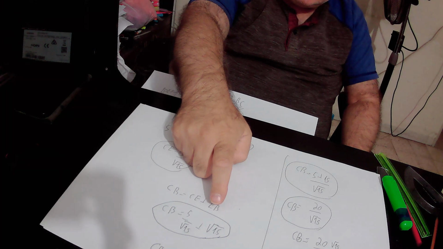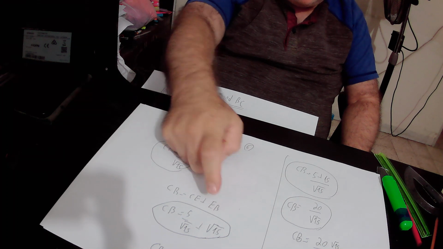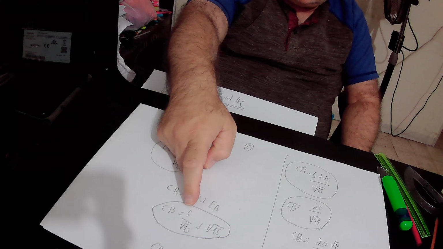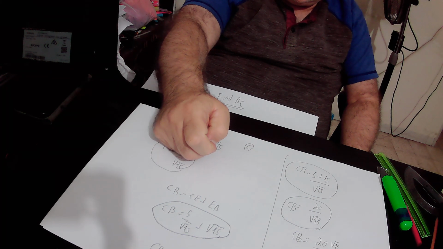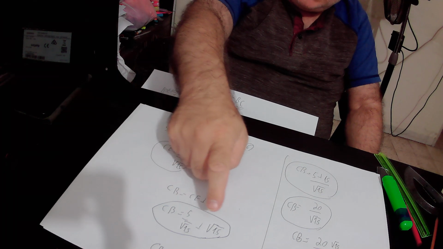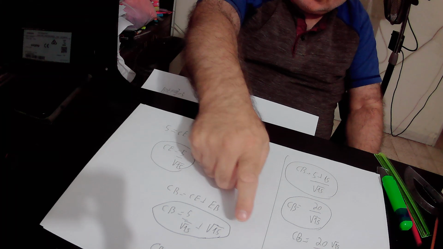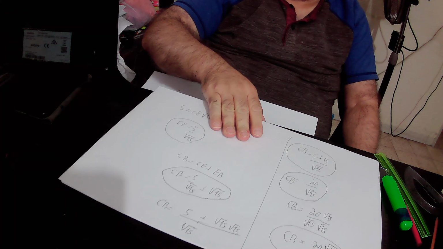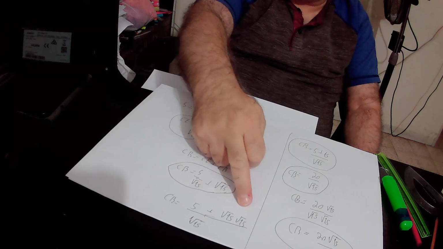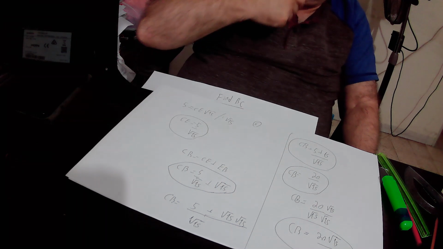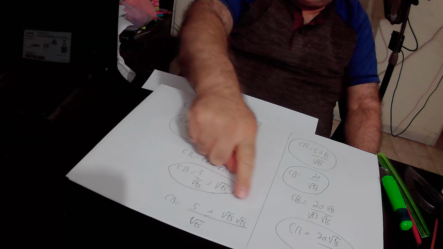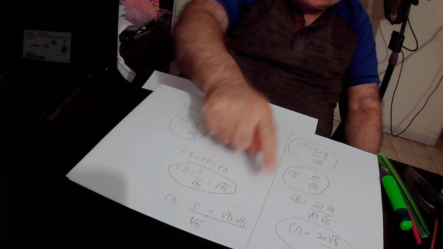Actually, we changed nothing because we multiplied by 1. It is allowable, in order to get a common factor in this expression, and we got that CB equals 5 plus square root of 15 times square root of 15, over square root of 15.